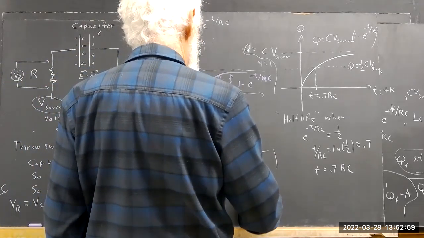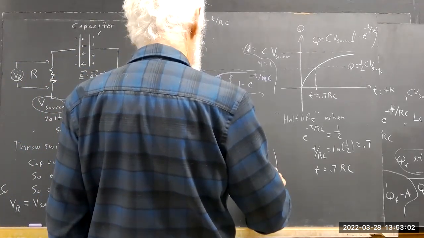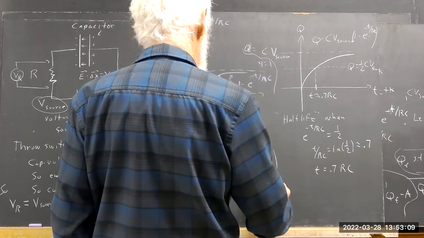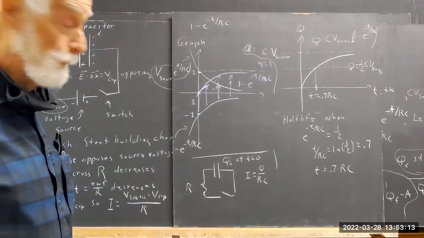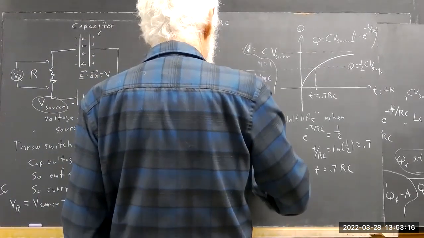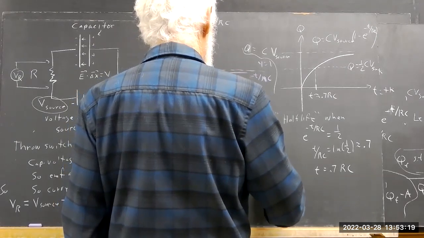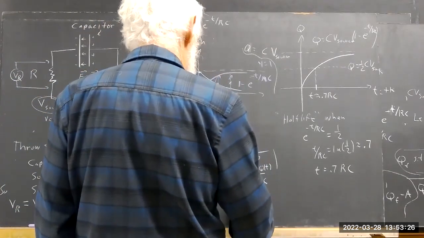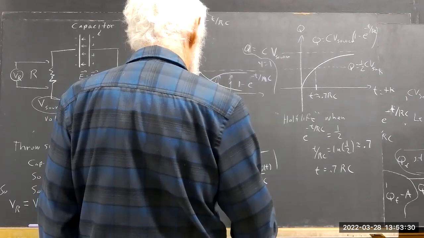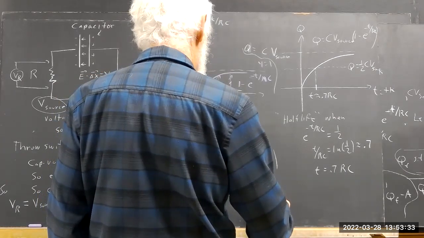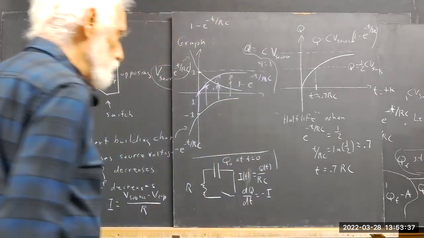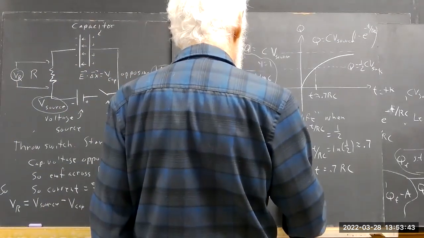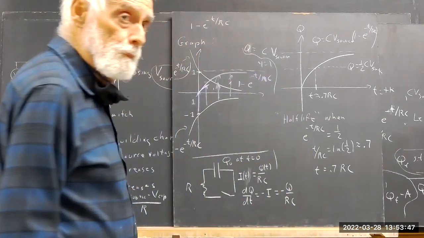So your current equals Q over RC, whatever Q is. dQ/dt equals negative I, which is negative Q over RC.